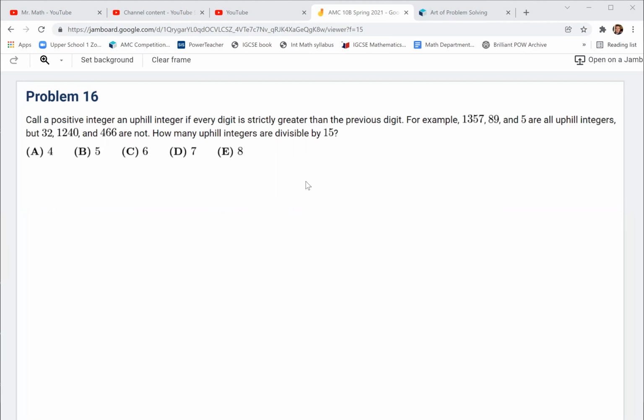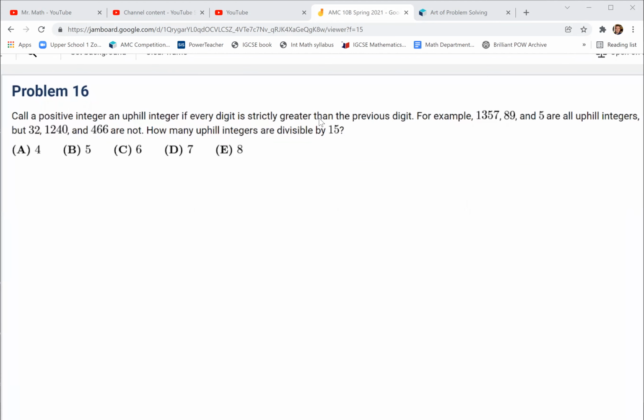So to be an uphill integer, every digit has to be greater than the previous digit. So 1, 2, 3, 4, or 1, 2, 5, 7 would all be considered uphill integers, right? Now, notice how in order for a number to be divisible by 15, it has to be divisible by both 3 and 5. So think about your divisibility rules.